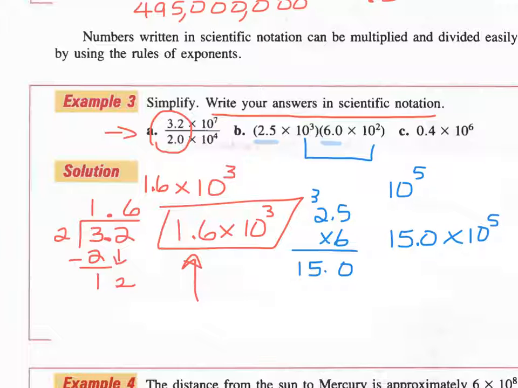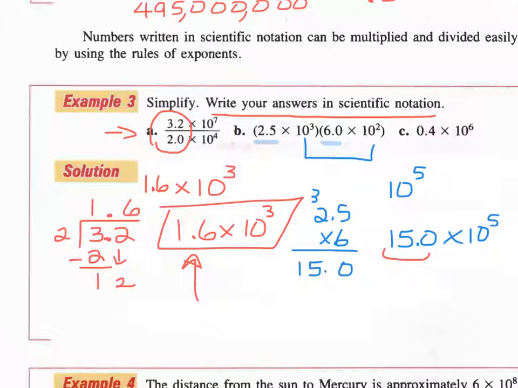Now, like I just stated, you can't have two numbers in front of the decimal point for correct scientific notation. So I need to adjust this. So my trick here is, if you're going to make the decimal portion smaller, however many times you move the decimal point, that's how much you have to add to the exponent.